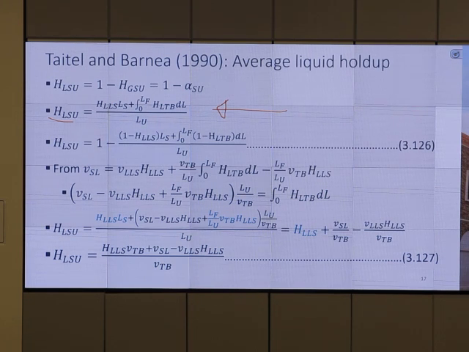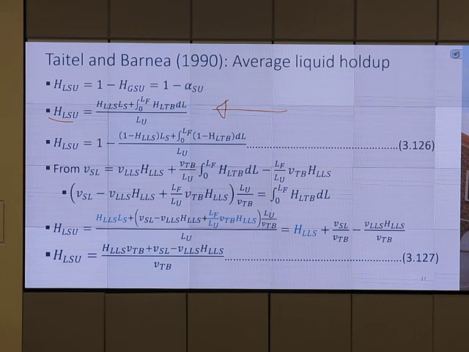You may think about it like holdup multiplied by length multiplied by AP. That gives you volume of the whole pipe multiplied by the holdup, gives you liquid volume, right? That's on the left hand side. So for the film part, we use volume of the film.